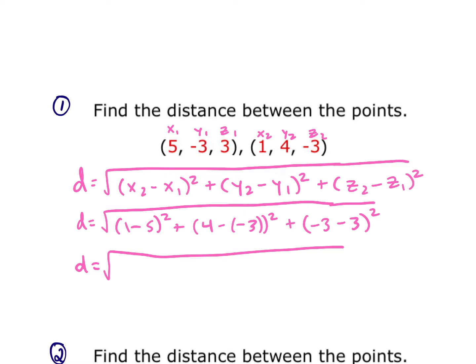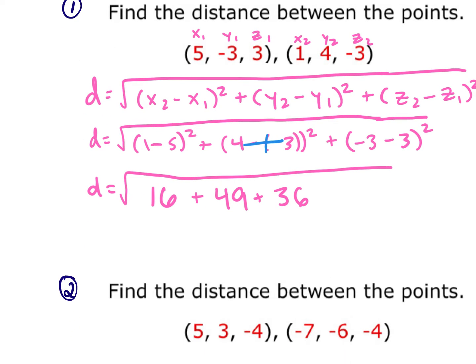So 1 minus 5 would be negative 4, and negative 4 squared is 16. This becomes a plus, so 4 plus 3 would be 7, and 7 squared is 49. And then negative 3 minus 3 would be negative 6. Negative 6 squared is 36. And then we just add all of these together.